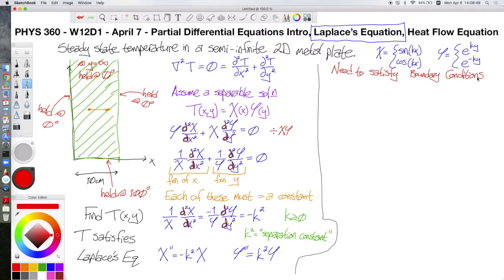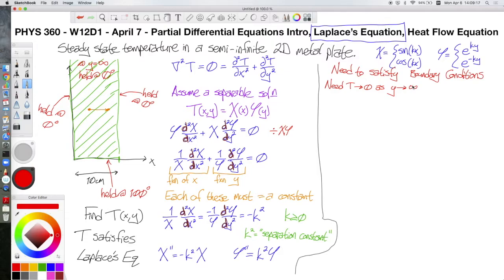So let's start to think through some of our boundary conditions. One of the boundary conditions we have is we need our temperature to approach 0 as y approaches infinity. If we look at our Y functions here, we have e to the ky and e to the negative ky.